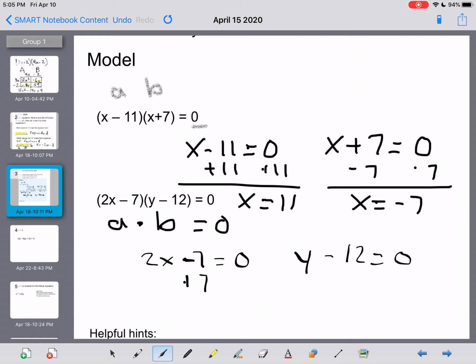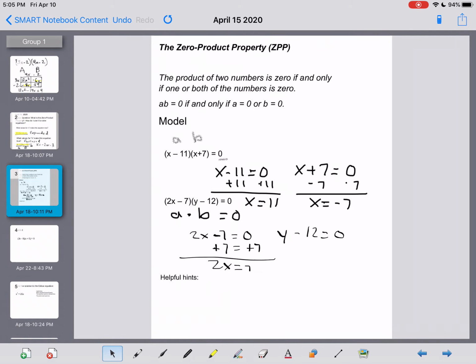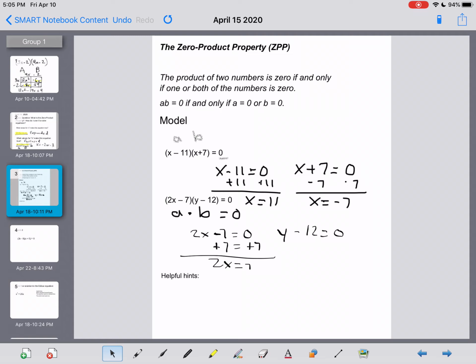Add 7 on both sides. We have 2x equals 7. And I'm not done yet. We can then divide by 2. And x equals 7 over 2. That's 3.5. I could write it as 3.5.